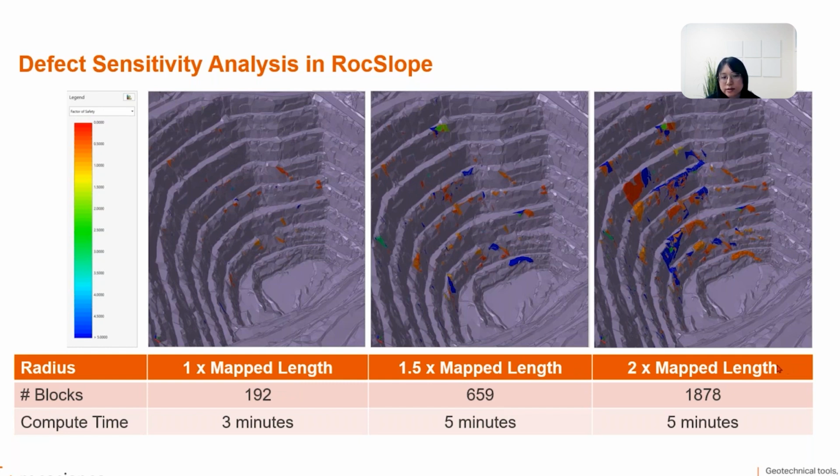You'll notice a trend in the increase in the number of blocks forming, but also an increase in the size of blocks that formed. So at this point, I would actually take a step back as to whether I trust these results or not. We can actually do a reality check against Dips for this case.